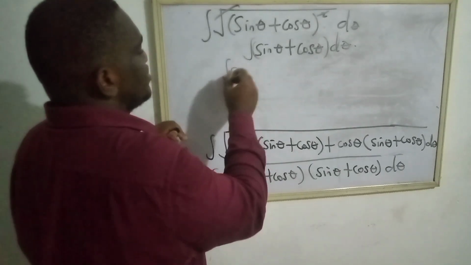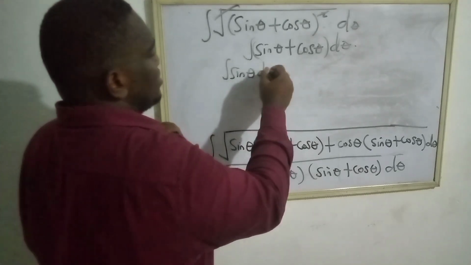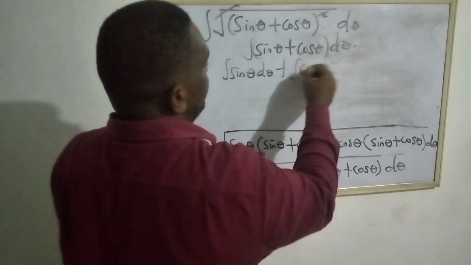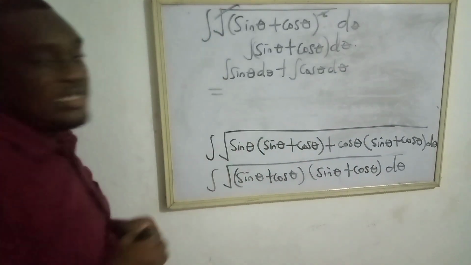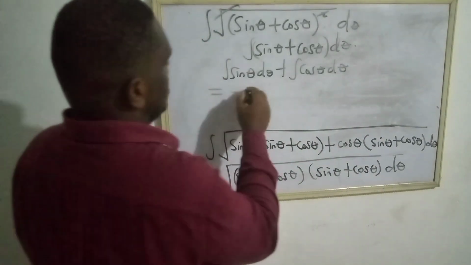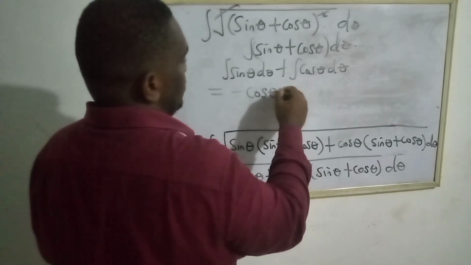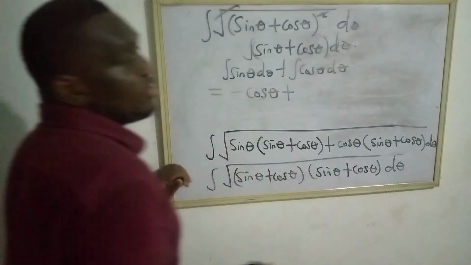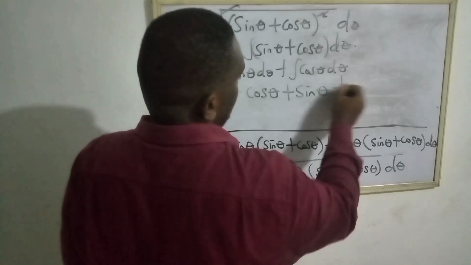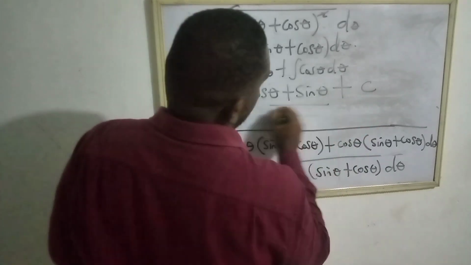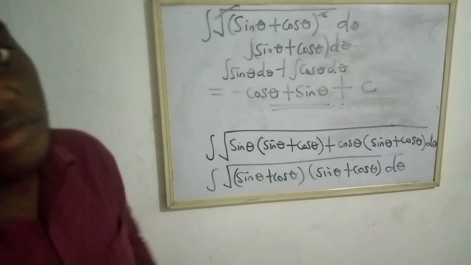This becomes the integral of sine theta d theta plus the integral of cos theta d theta. The integral of sine theta is minus cos theta, plus the integral of cos theta is sine theta, plus my constant c, and that gives me my answer.